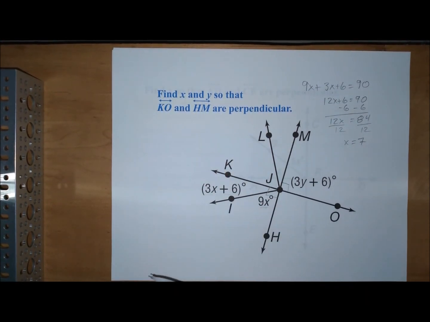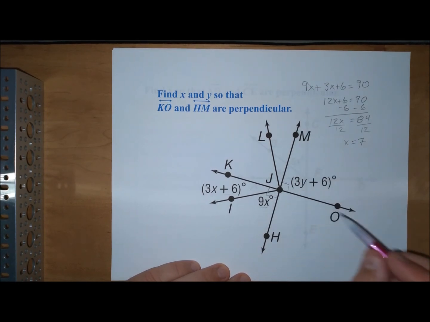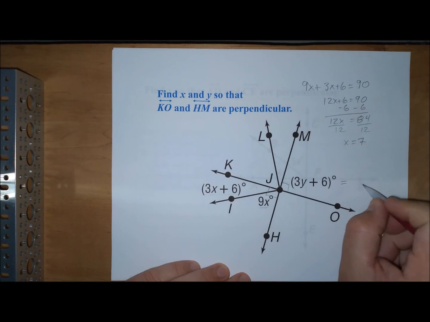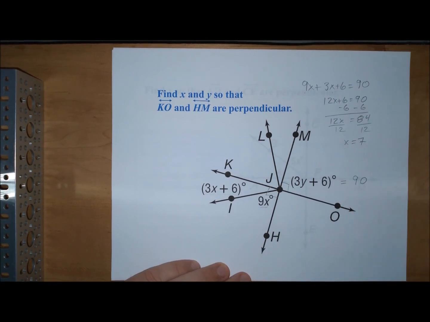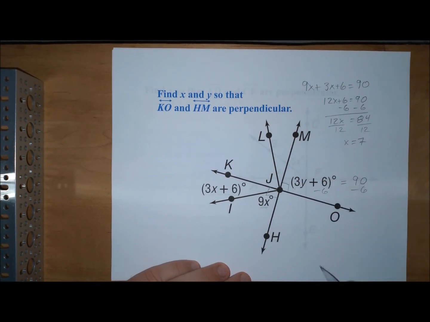What value would y have to have in order for these lines to be perpendicular? Well, this whole angle has to be 90. That means 3y plus 6 must equal 90, right? Could I go ahead and subtract 6 from both sides? Then I get 3y equals 84.